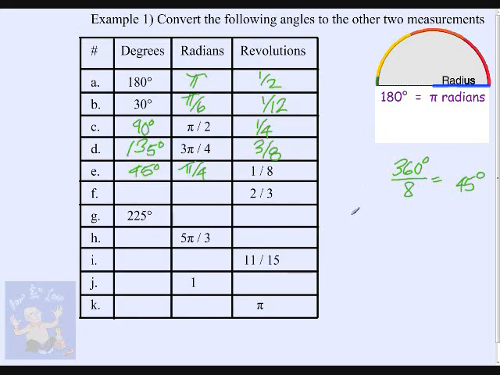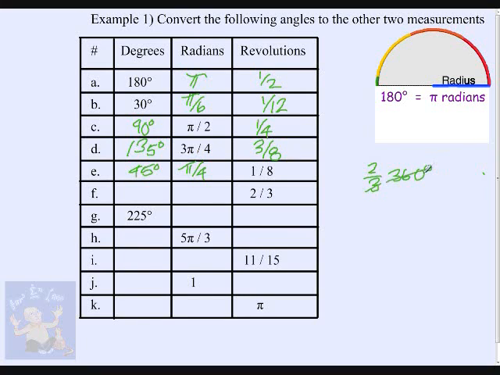Believe me, in a few weeks these will come to you so quickly. Oh, here's an interesting one, 2/3. We haven't thought about thirds. Let me get rid of this. We can think about it exactly the same way we just did the other one. 2/3 of our way around 360. So 2/3 of a full revolution. That's 360 degrees.